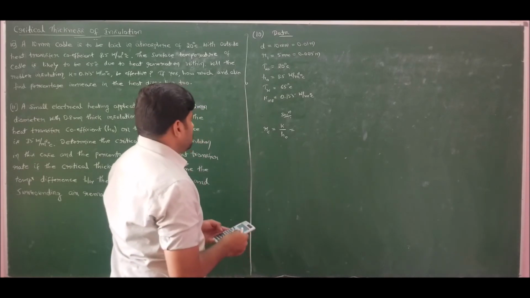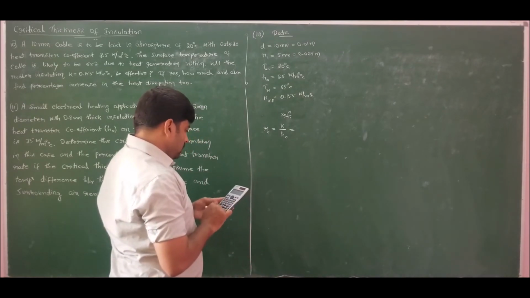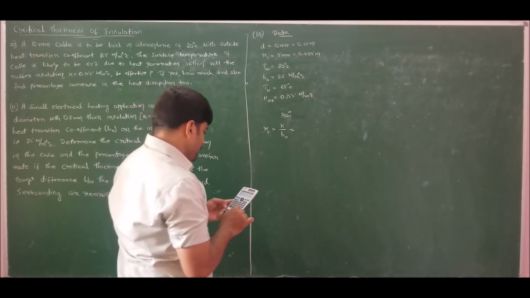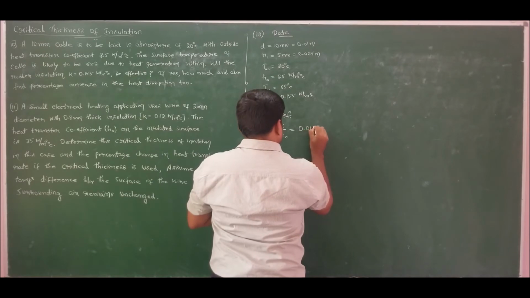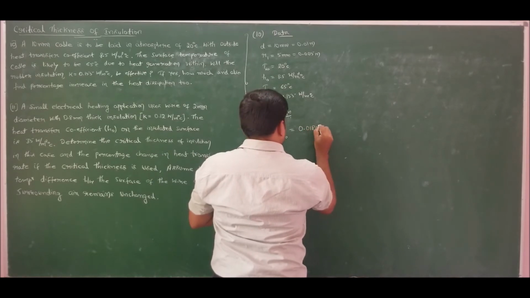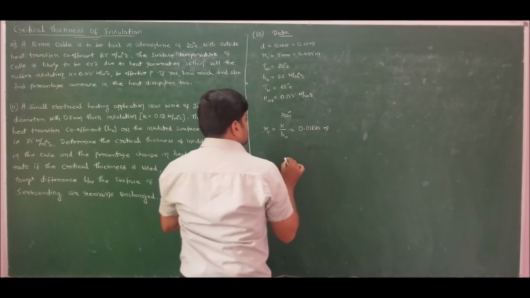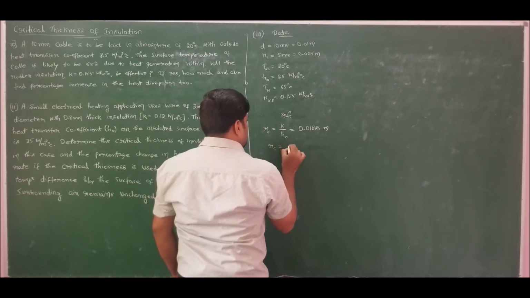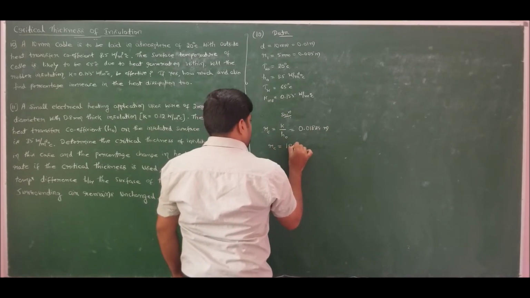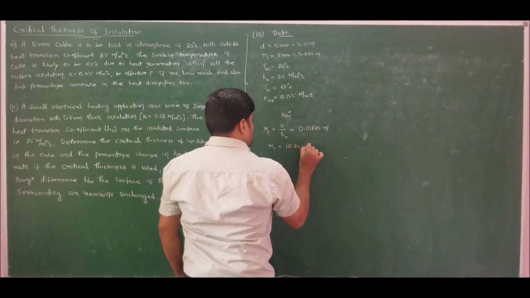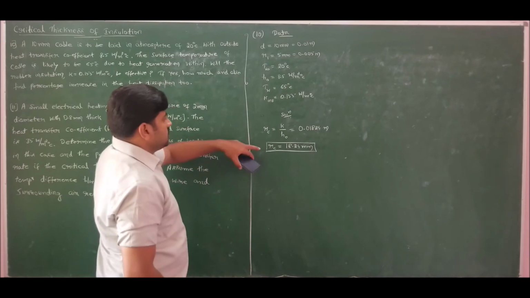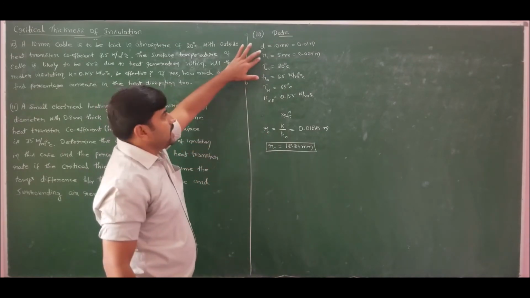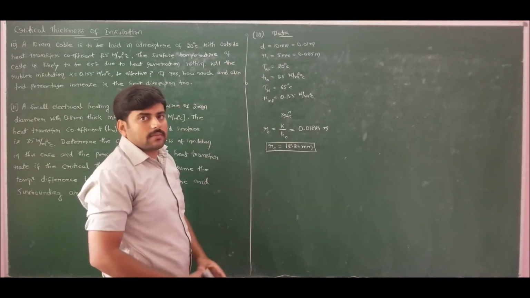We know the insulation thermal conductivity is 0.155 divided by H0 of 8.5, which turns out to be 0.01824 meters, that is critical radius is 18.24 mm.